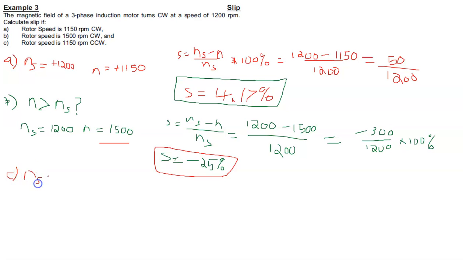Again, we're not considering that the field speed is changing here, but we know that for braking action, for variable frequency, we would consider that to be the case. Now this time, we're saying that the rotor has been reversed. If it's going counterclockwise, we're saying negative 1150 RPM.